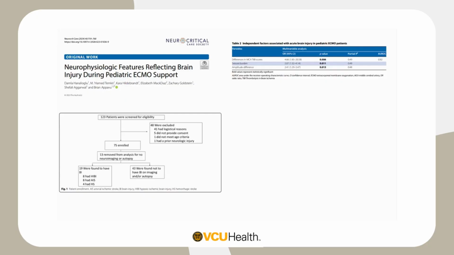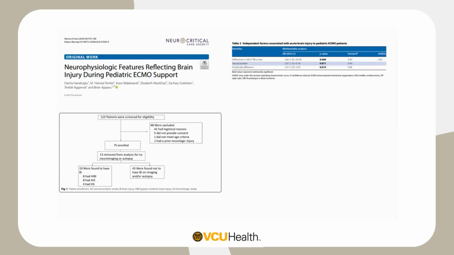We developed a model with pretty high accuracy, with an area under the receiver operating characteristic curve of 0.92. Three independent variables predicted brain injury, and from EEG we had hourly seizure burden as well as quantitative EEG amplitude asymmetry differences.